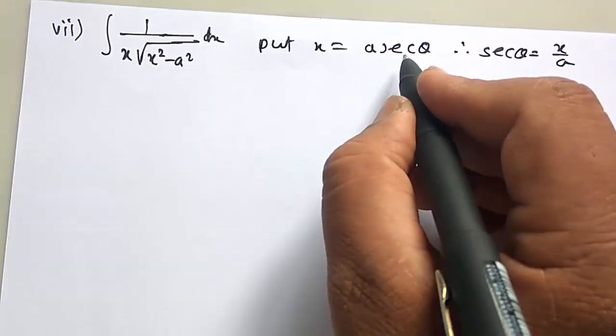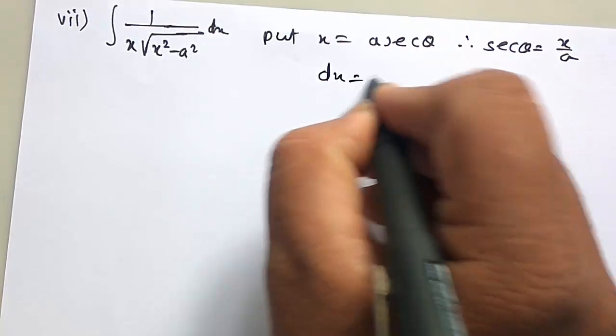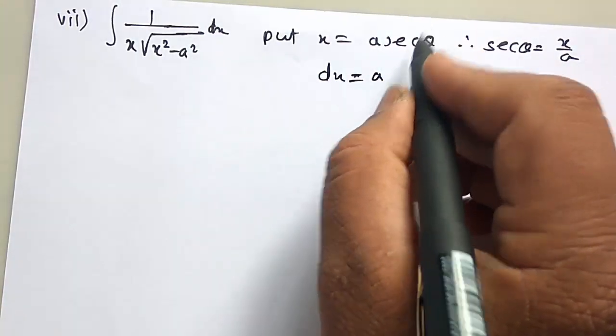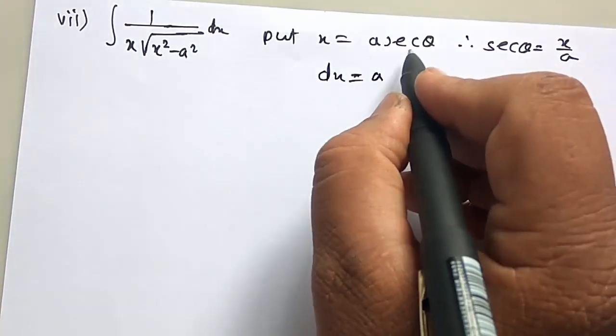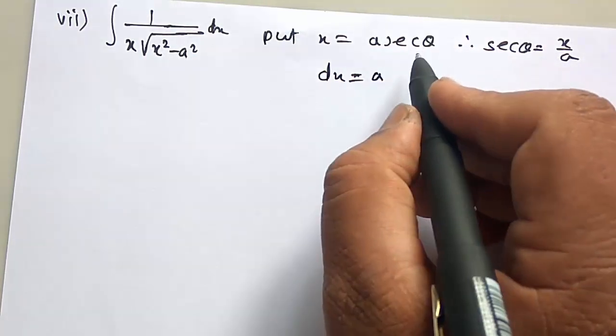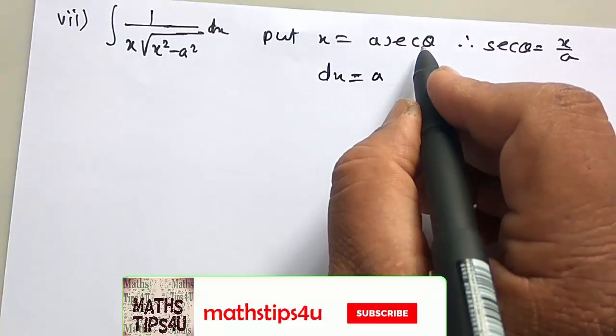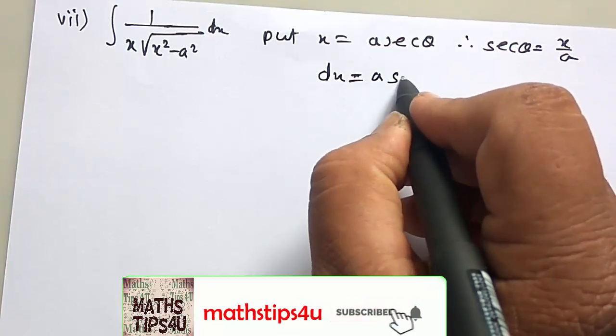Differentiating x with respect to theta, we get dx is equal to a sec theta tan theta d theta, since the derivative of sec theta is sec theta into tan theta.